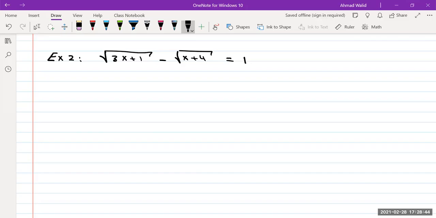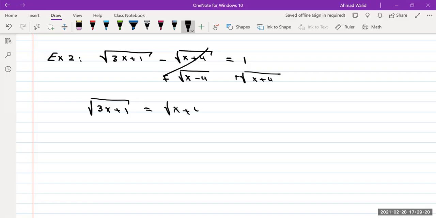If you focus on the steps, I told you that if you have two radicals on one side, keep one of them on one side and move the other one to the other side. It means my first step is to add square root of x plus 4 to both sides. These two cancel out, then I'll end up with square root of 3x plus 1 equals square root of x plus 4 plus 1 outside.